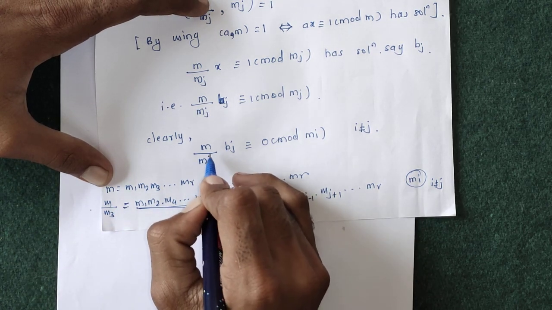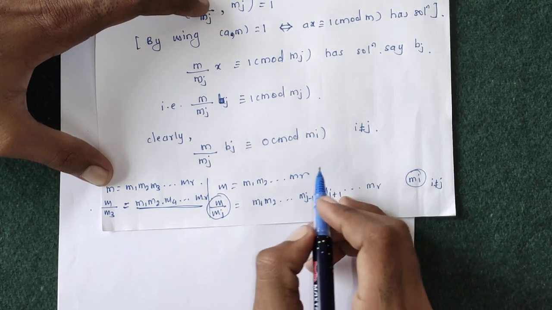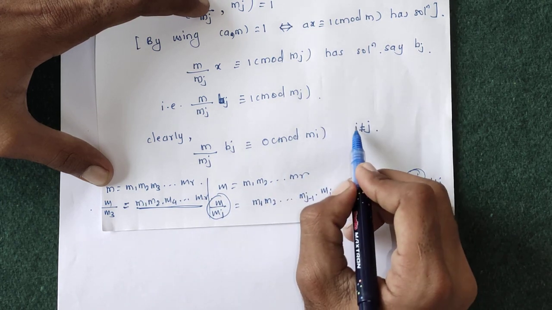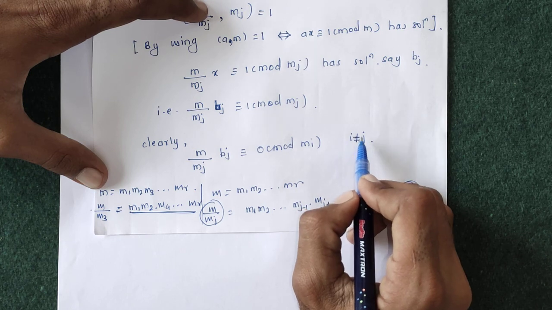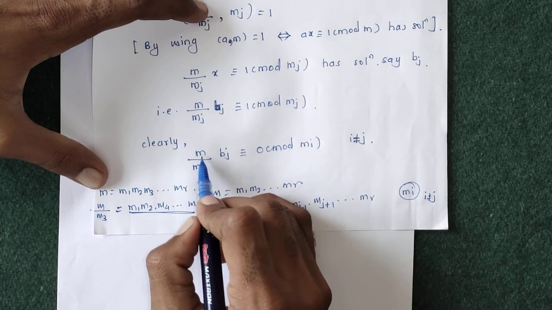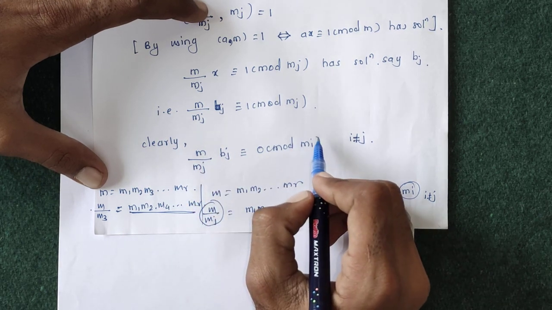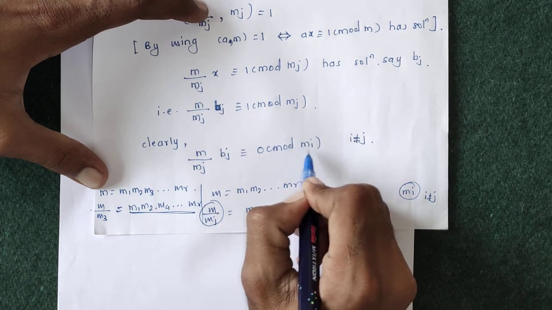Hence m by mj is a multiple of mi, since i is different from j, and if we take m by mj modulo mi, the remainder will be 0.